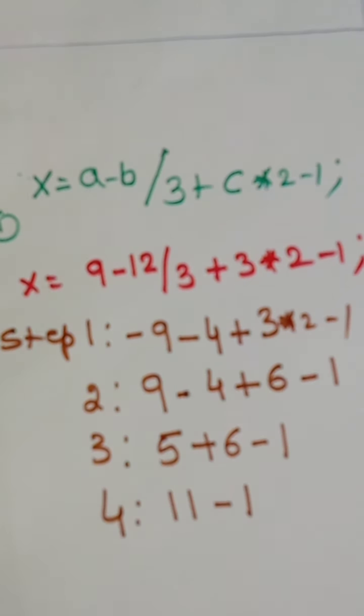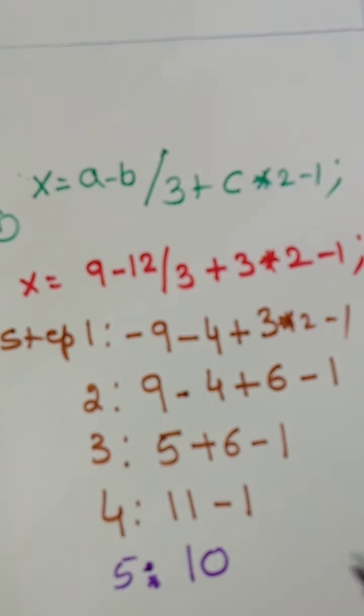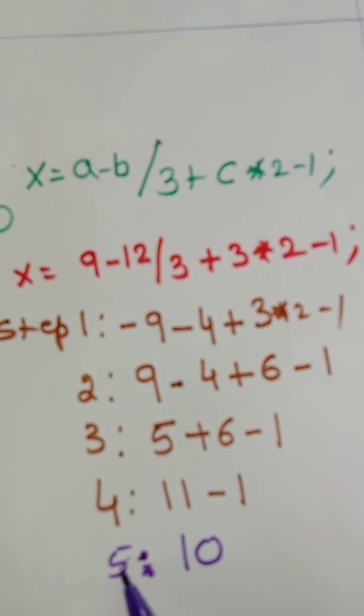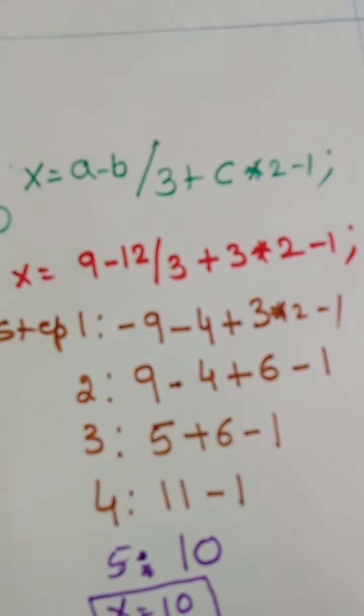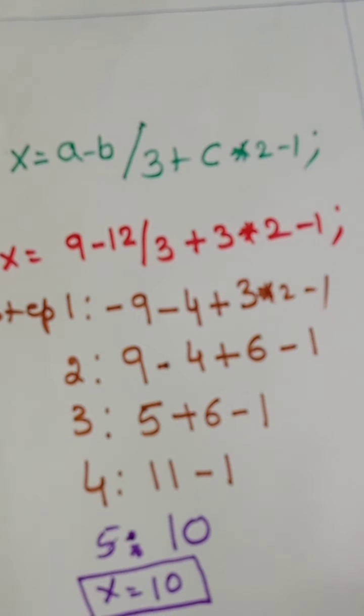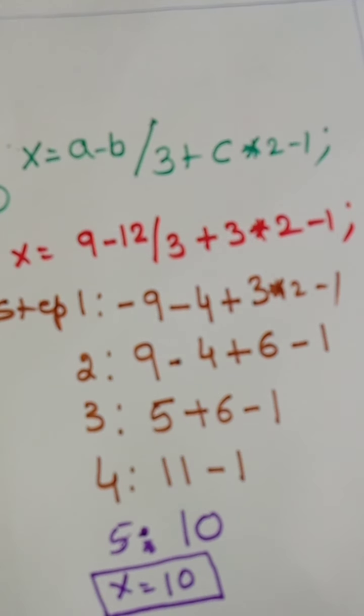And the final answer in step 5 is equal to 10. What I told? Your answer is going to print x is equal to 10. The compiler is going to execute like this. In this way, you get the x value is equal to 10.